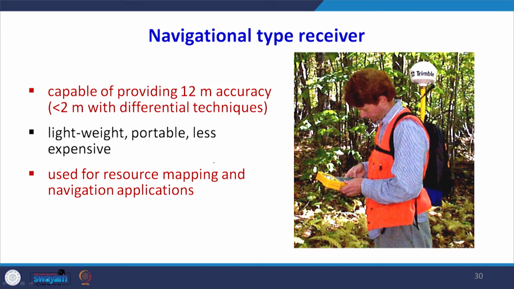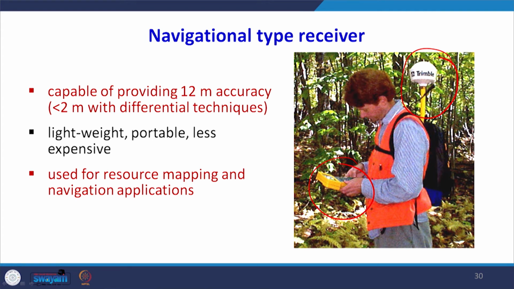Then there are navigational types of receivers, where you have the circular plate which I showed you in the previous slide, which receives the signal. You can mount this on your backpack, and then there is a handheld controller in your hand. So, you can move that receiver in the field from one place to another and get good accuracy.